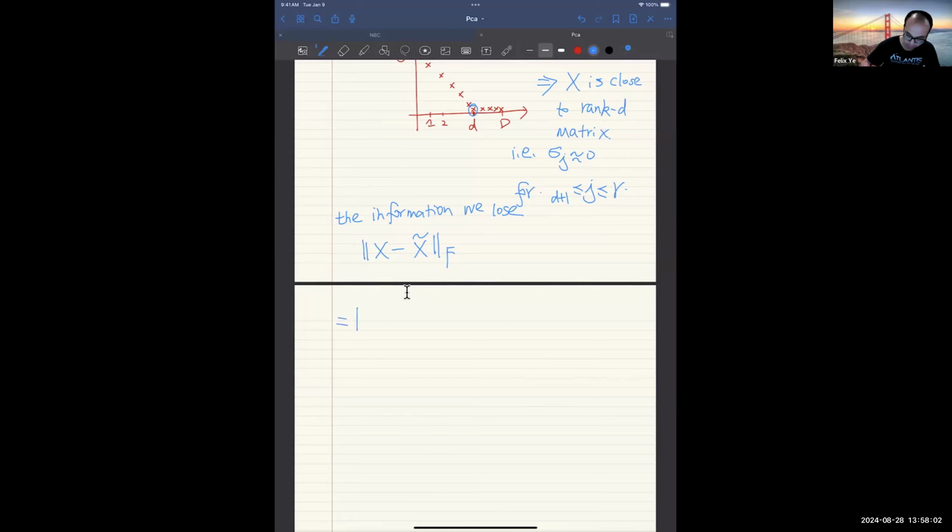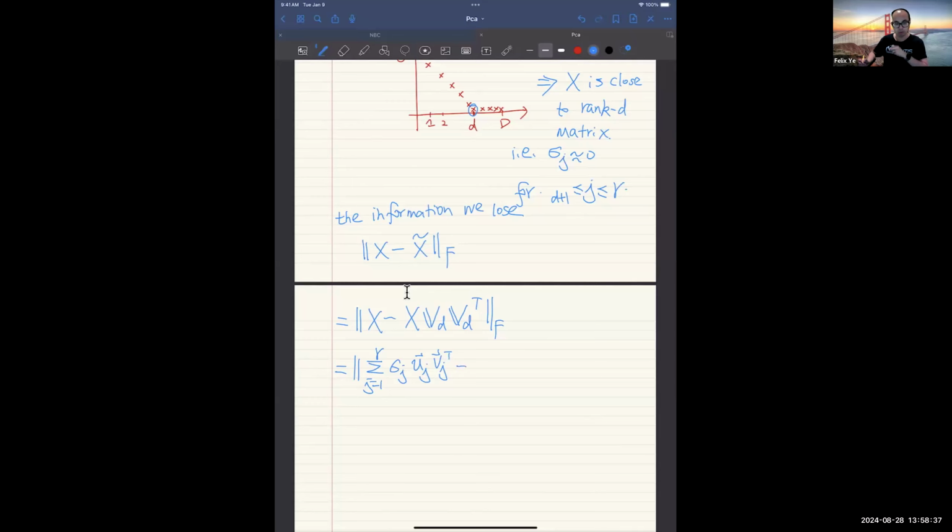This is equal to x minus x V_d V_d transpose in terms of Frobenius norm. We know the top one, this x, will be the summation of j from 1 to r of sigma j u_j v_j transpose, and we can write everything in terms of the summation formula of the singular value decomposition.